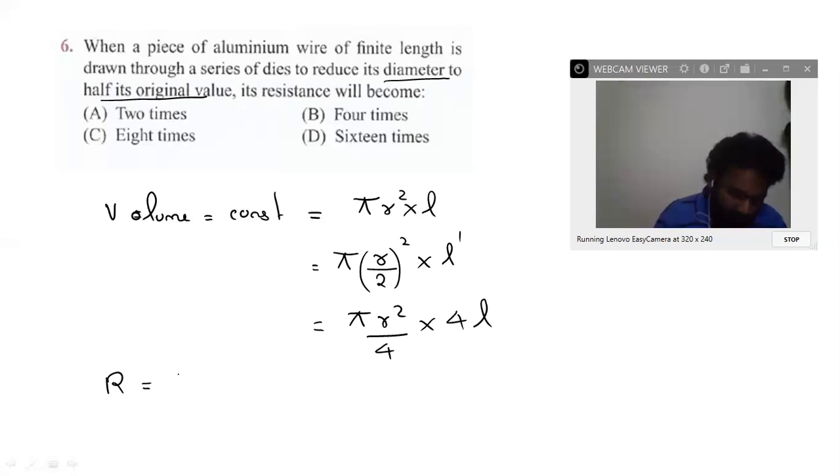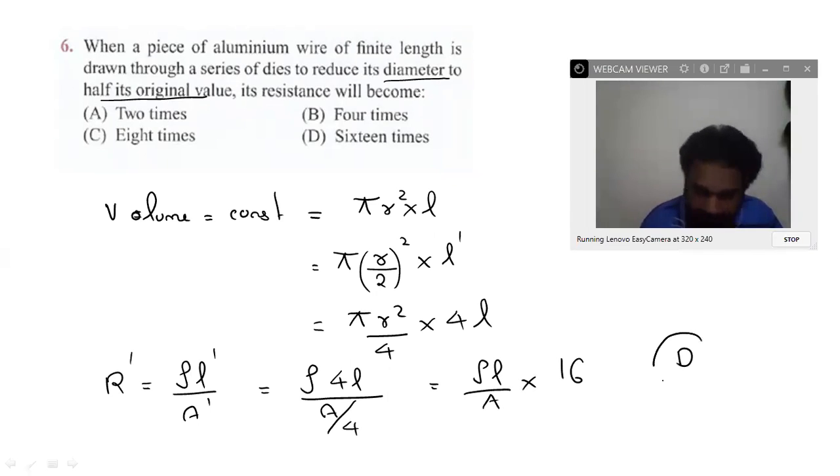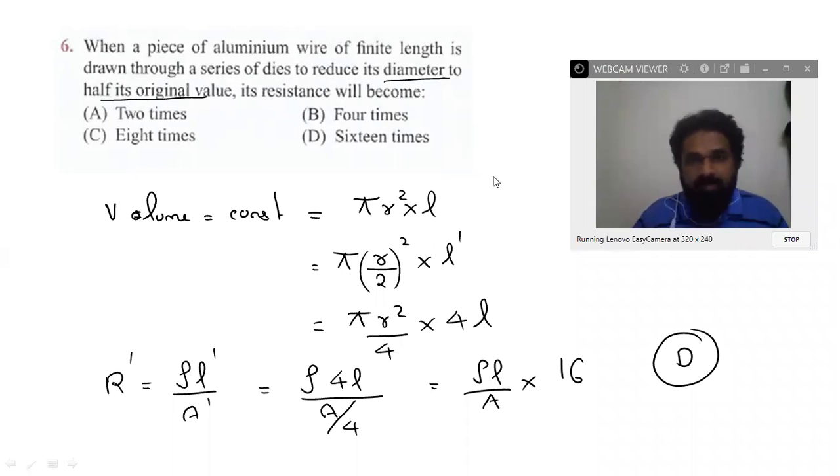So the resistance R dash will be rho L dash by A dash, which is rho into 4L divided by pi r square by 4, that is A by 4. So rho L by A into 16. So option D will be the answer. Yes, some are responding, good. Yes, 16, Subhashri, good. That is the correct answer.